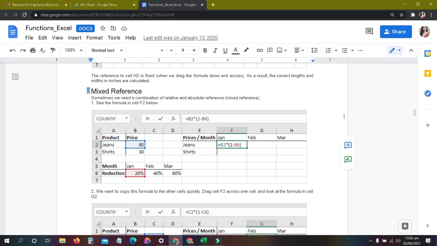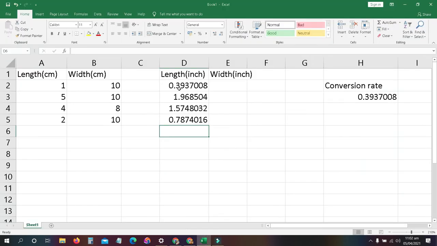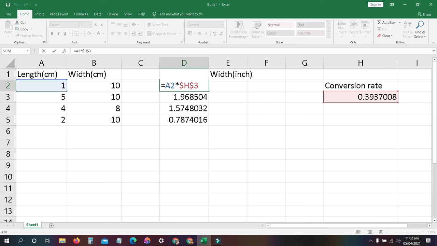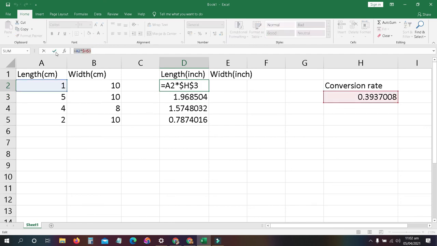Sometimes we need a combination of relative and absolute reference. So for our example, wait a moment guys, let's go to Excel. Actually, what we discussed earlier, this is a relative reference. This is an absolute reference. And these two, guys, are a mixed reference.